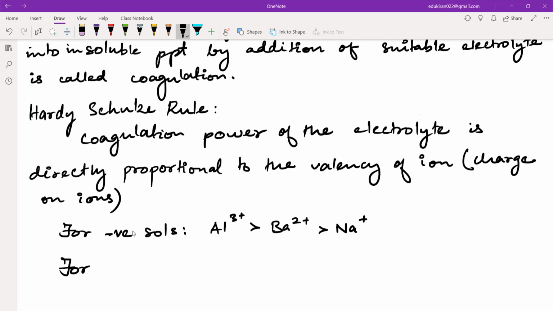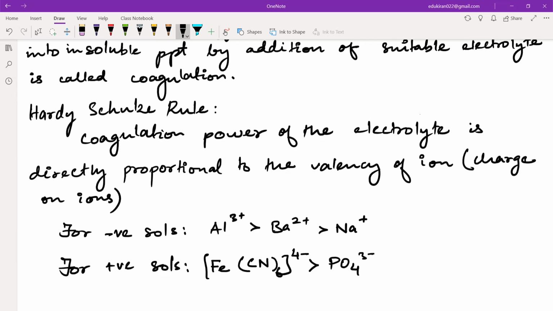And for positive sols, we'll be using anions. You can use a complex also, like Fe(CN)6 4-, which has 4 negative charge, followed by PO4 3-, which has 3 negative charge.